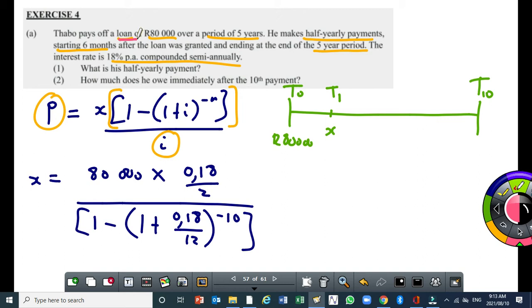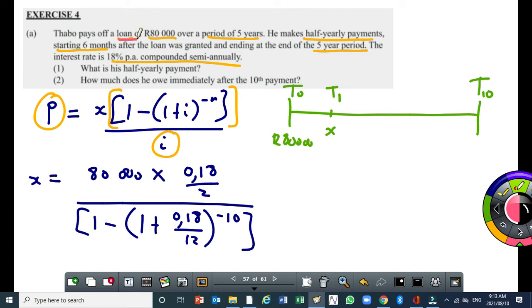For this to be an annuity, there has to be a specific amount which has to be repaid every 6 months. Based on the question here, it says, what is his half-yearly payment? That's X. How much money was he paying after every 6 months? That's X, right? Since he borrowed money, we have to use the present value annuity formula.